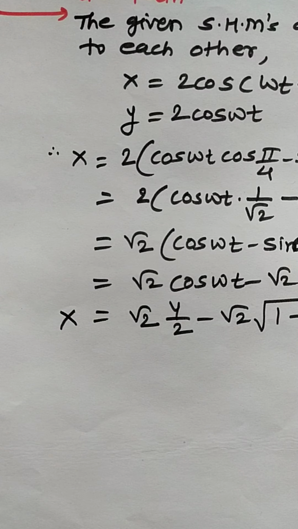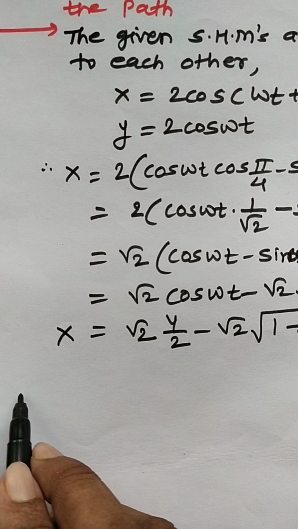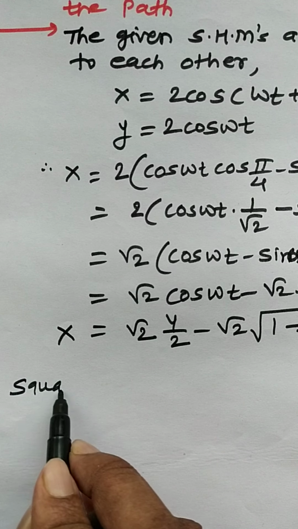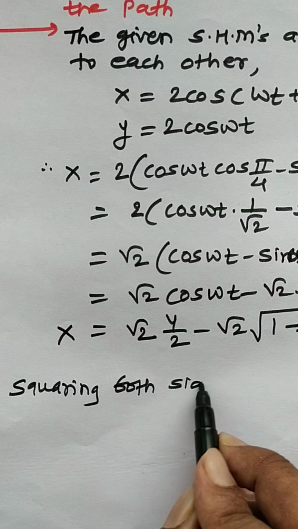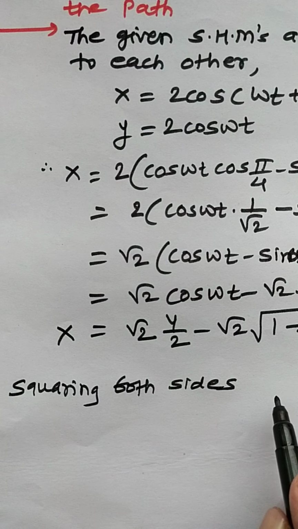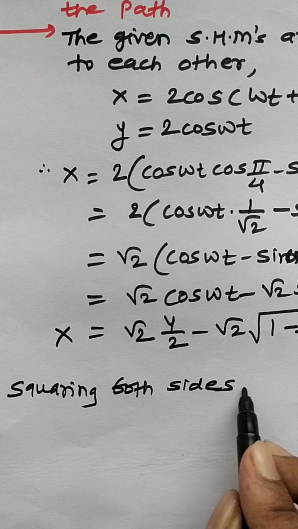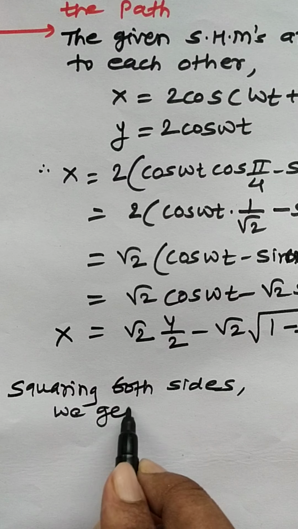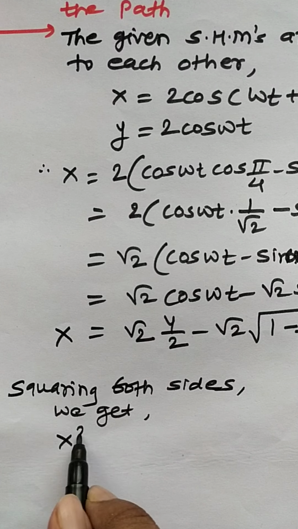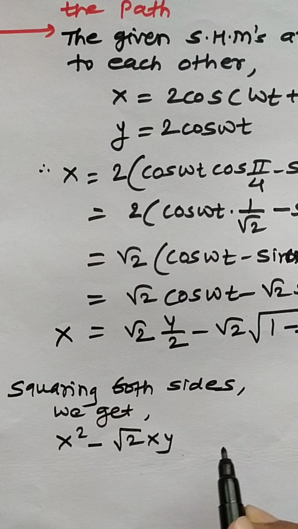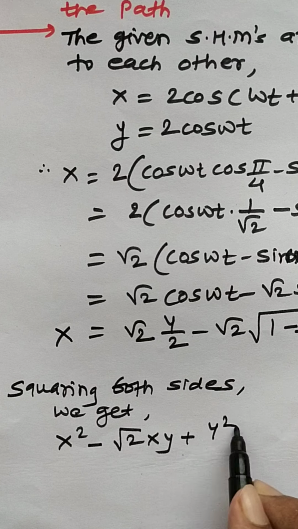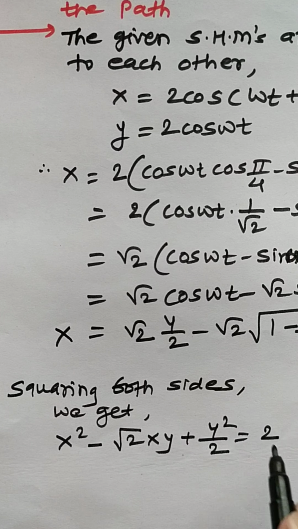Okay, squaring both sides. So here we get x square minus square root of 2xy plus y square upon 2 is equal to 1 minus y square upon 4.